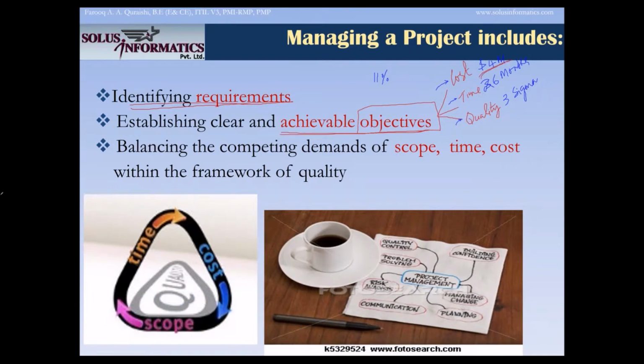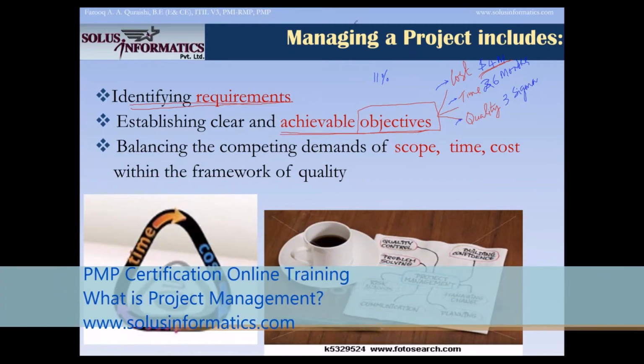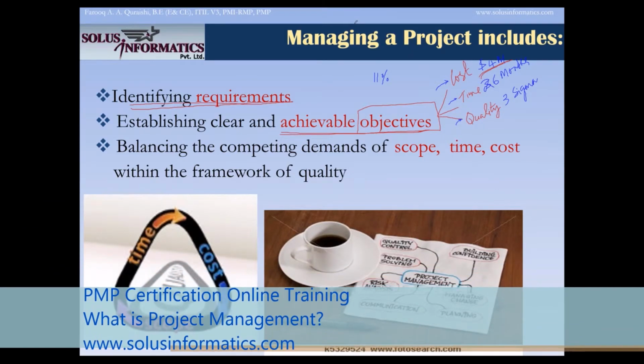It means that on this project you could not meet the cost objective. There was a cost overrun on the project. The scope is delivered, and if you don't meet one or more of the project objectives, then those projects are called challenged projects. They are not failures. So most of the projects are challenged.